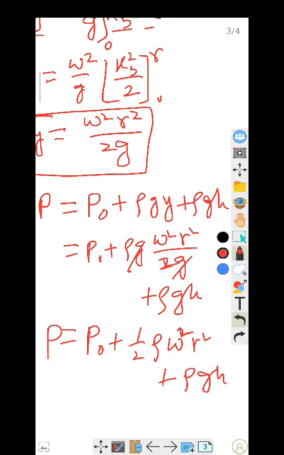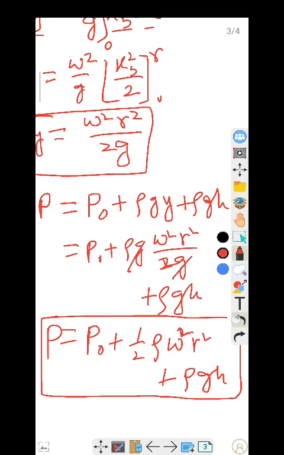So this will be the pressure at a depth of h from the bottom of the cone, which is revolving with angular velocity omega, at a distance r, right?